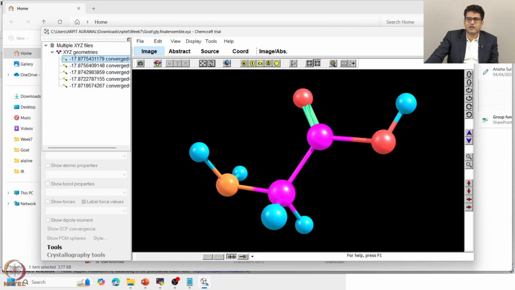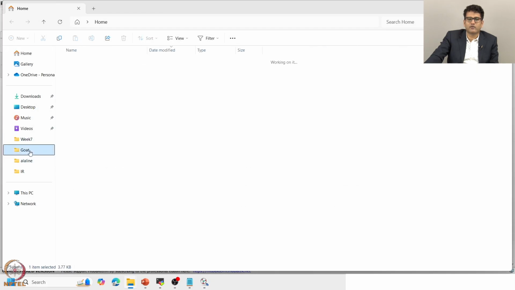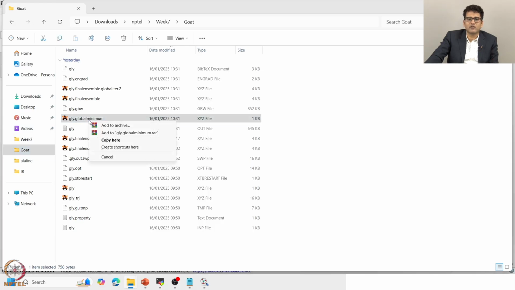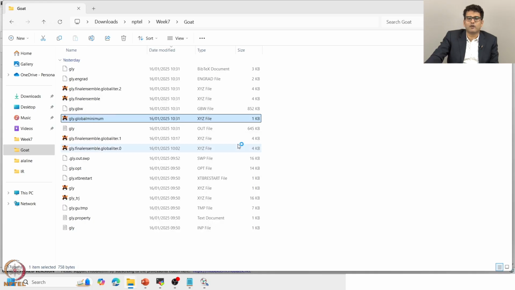I believe the final conformer is also written as glycine dot global minima. So, this is the global minima structure. If you just want this structure, you can open it with Chemcraft.